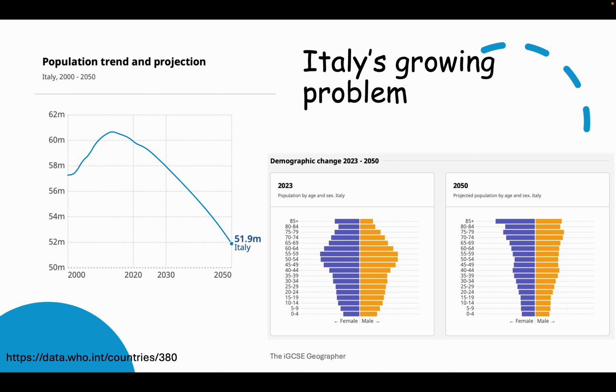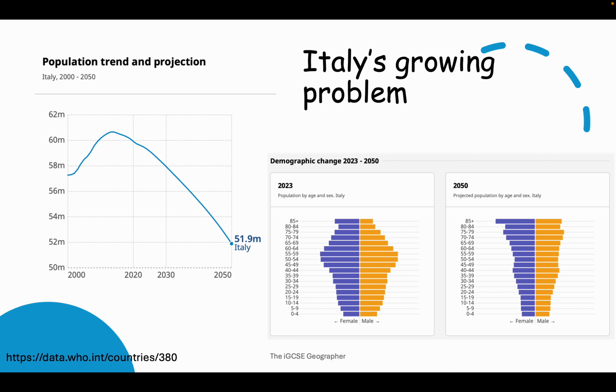The diagram on the left, this line graph, shows its population over the previous 20 years, from 2000 to 2020, it did increase. However, since the COVID era, it's projected to decrease very quickly, largely due to its low birth rates and its increasing life expectancy, which again is represented through a population pyramid.